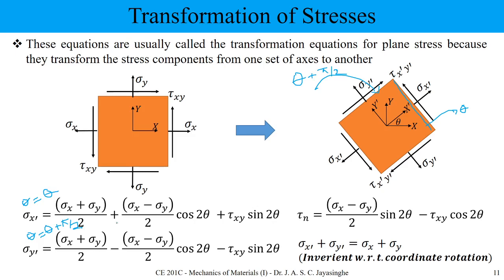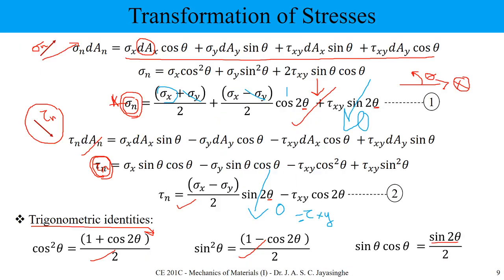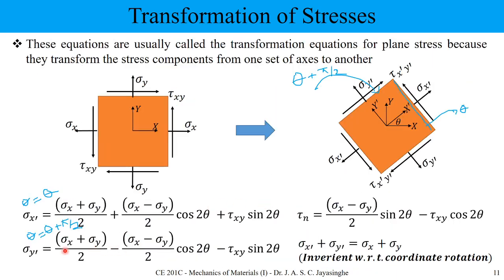Now you can get these from these simple equations, these results, and these are the arrangements. Tau n, of course we have an n value. Actually, it is better to replace this one in this manner: tau x dash y dash, that's the best name for this one.